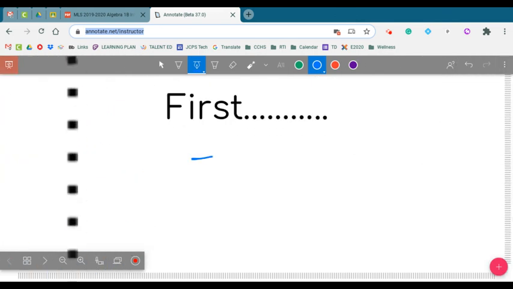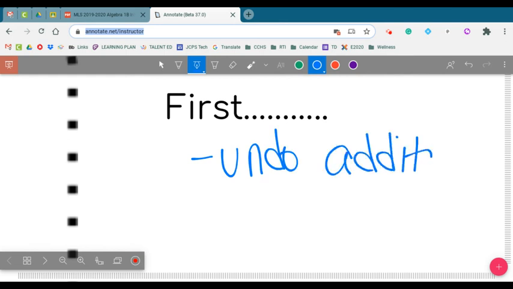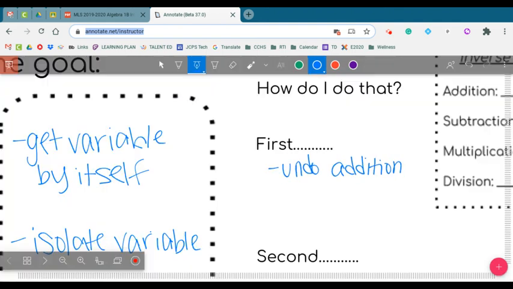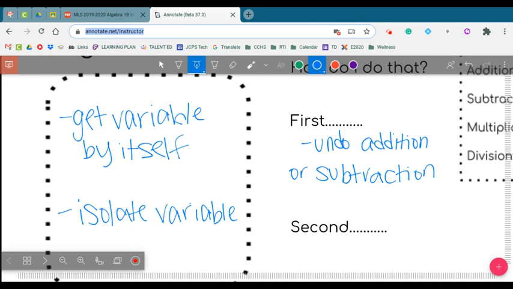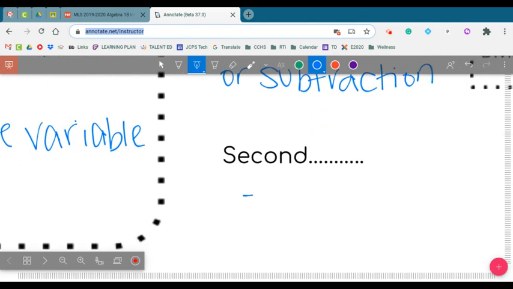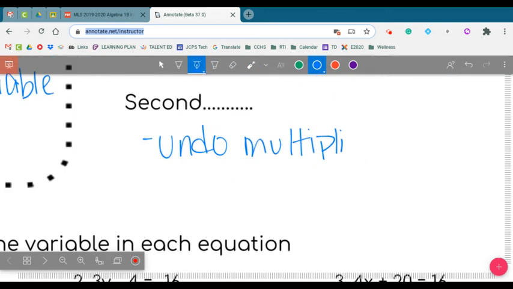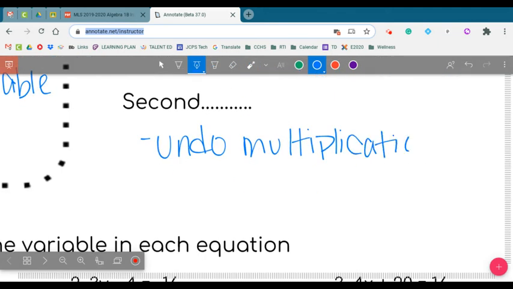So first, you're going to undo addition or subtraction. And then after you undo your addition or subtraction, you're then going to undo your multiplication or division.